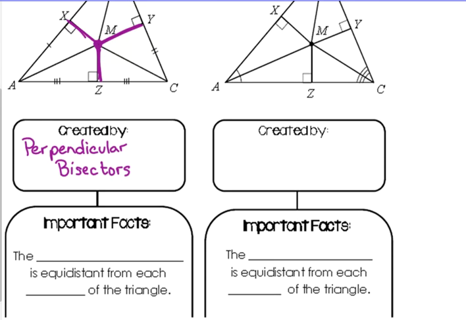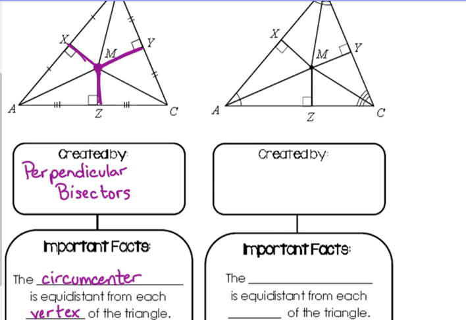The circumcenter is equidistant. Anybody know what equidistant means? Equal distance. Just break down the word. Equi is equal, distant meaning distance. So it's the same distance from each vertex of the triangle.